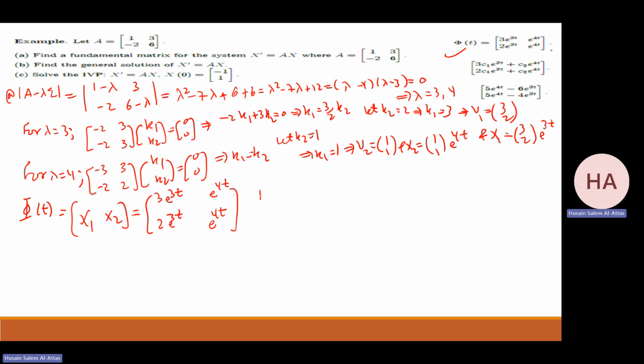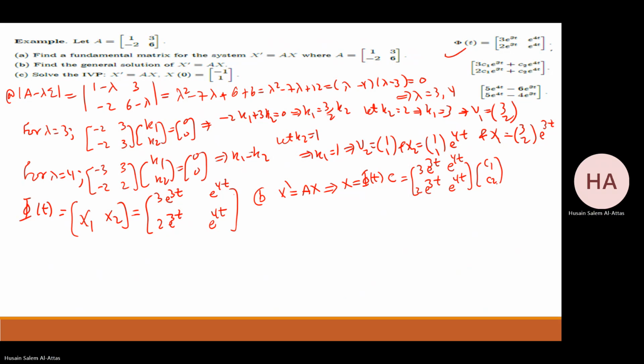Part B, what will be the general solution of this? That will be phi of t times c, which I can write like this, times c1, c2.